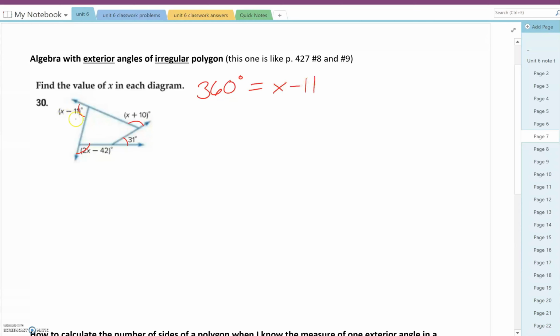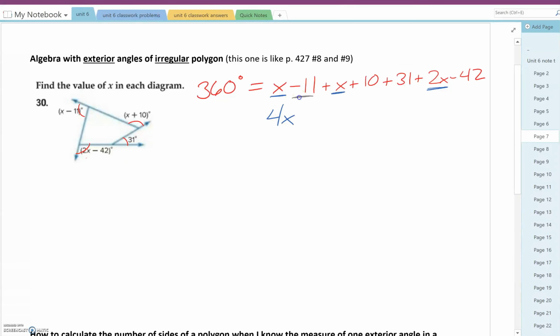360. So I'm going to say x minus 11 plus x plus 10 plus 31 plus 2x minus 42. And that's really going to be it here. I'm going to have to combine like terms. I have an x, 2x, 3x, 4x.